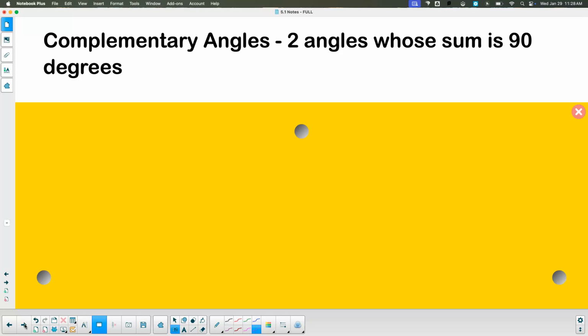Let's talk complementary angles. What does it mean to be a complementary angle? They add up to be 90 degrees, right? They don't both equal 90 degrees. Those would be right angles. When you add them. Yep, exactly. So how can I represent two complementary angles algebraically?